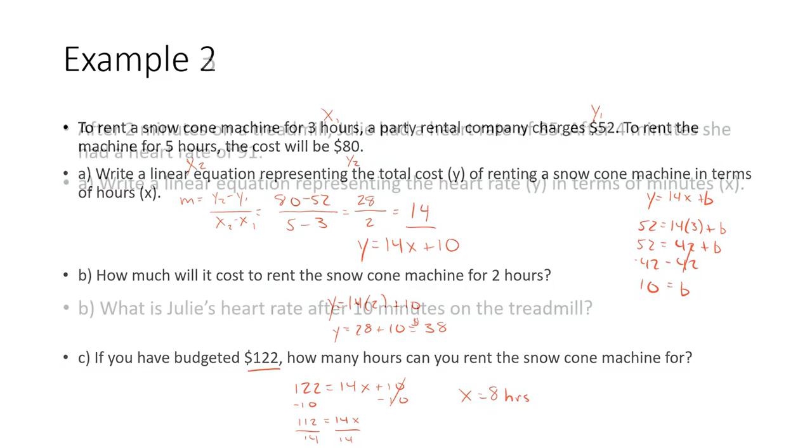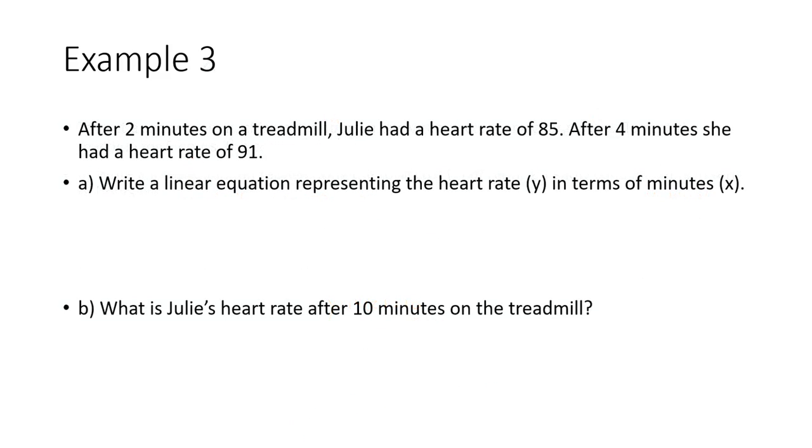After 2 minutes on a treadmill, Julie had a heart rate of 85. After 4 minutes, she had a heart rate of 91. So again, we want to find the linear equation that represents her heart rate in terms of the minutes that she was on the treadmill. And we're going to use the slope-intercept form. First, we have to find the slope. Again, we have 2 points, x1 and y1, and x2 and y2.